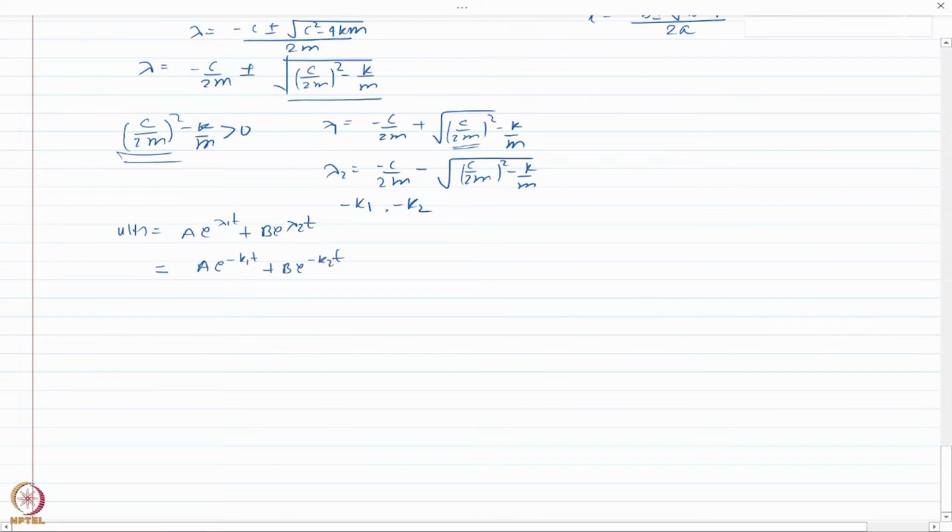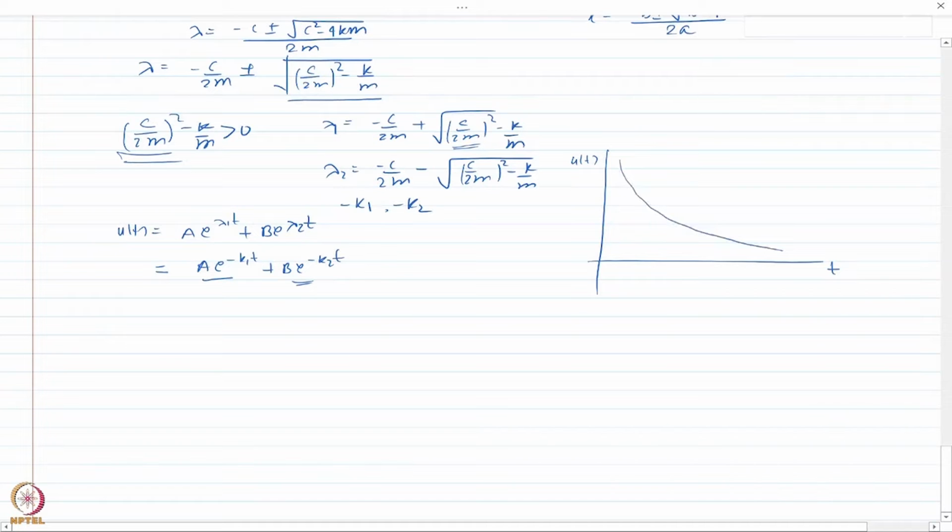If you look at this function, both e to the power minus k1 t and e to the power minus k2 t are exponentially decreasing functions. So if I try to plot this function here, I have u of t and then I have t. The function would look something like this.